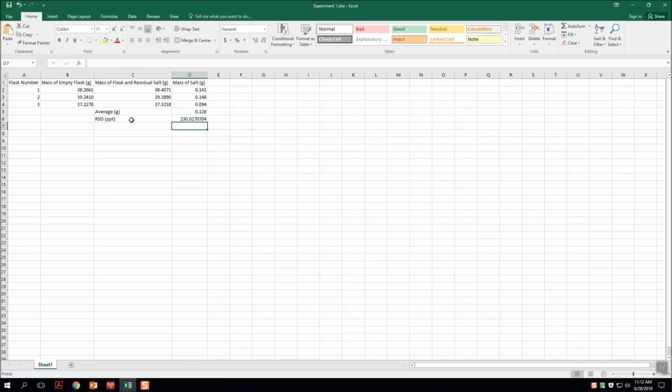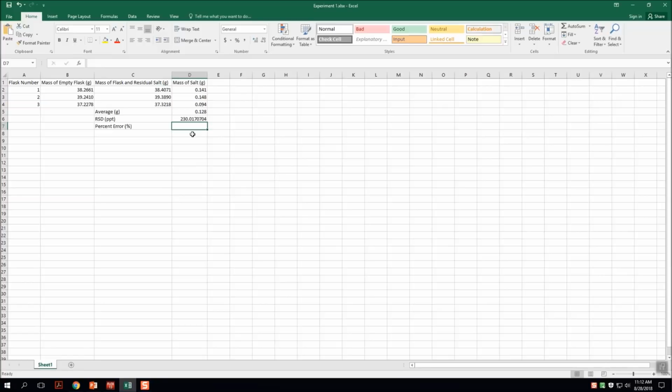Okay, now we want to calculate the percent difference or the percent error, and that's going to be a percentage as the unit. In order to do that, we want to take the absolute value of the actual value, the accepted value, 0.03 grams, minus the experimental value, the average, divided by the accepted value times 100.